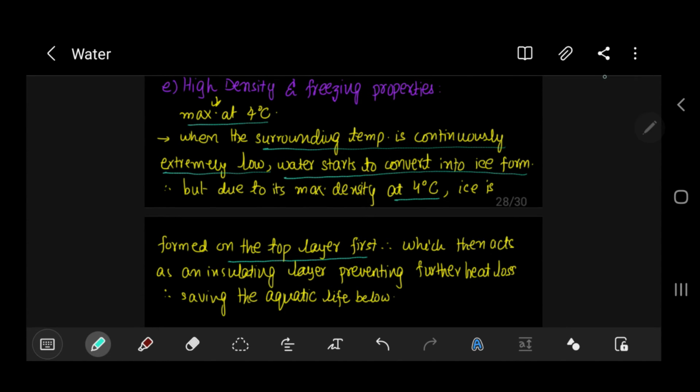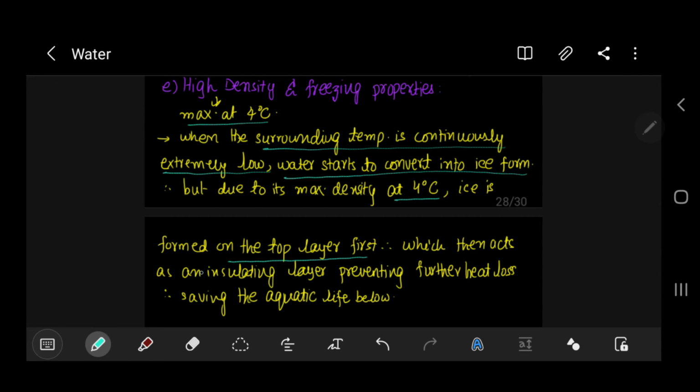In other liquids, the maximum density occurs in the solid state, so when they freeze, the solid that forms settles down because it's denser. But there's a special case in water.